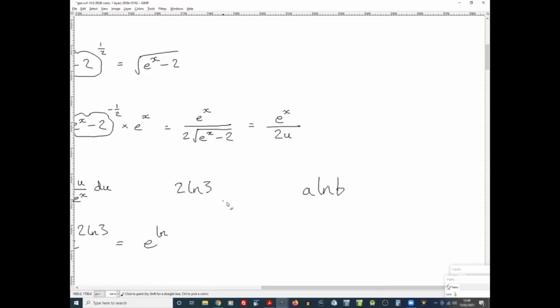Well, don't forget, in the case of this one, 2 log 3, you could think of it as log 3 plus log 3, couldn't you? Which would be log of what?